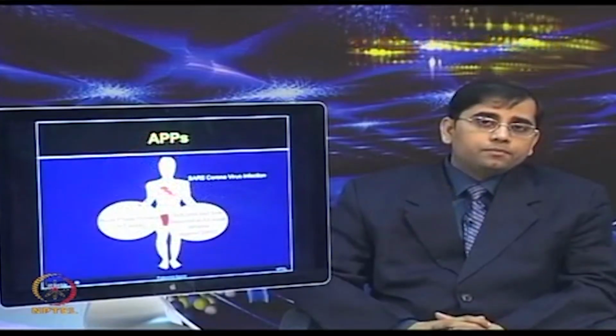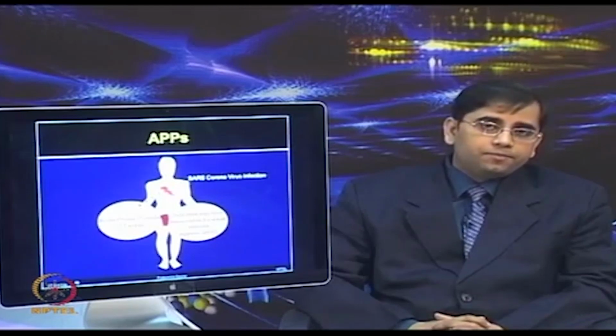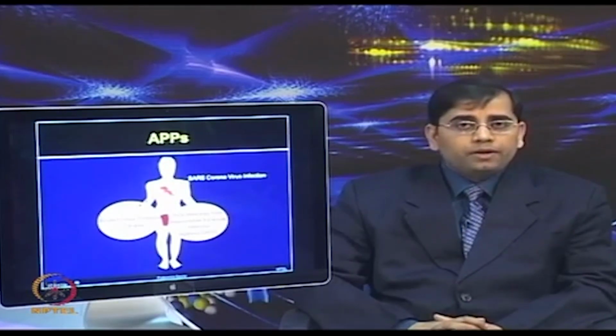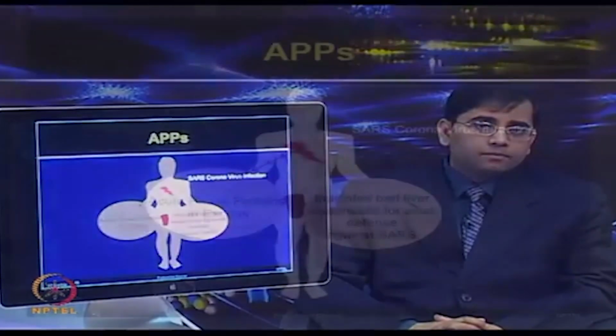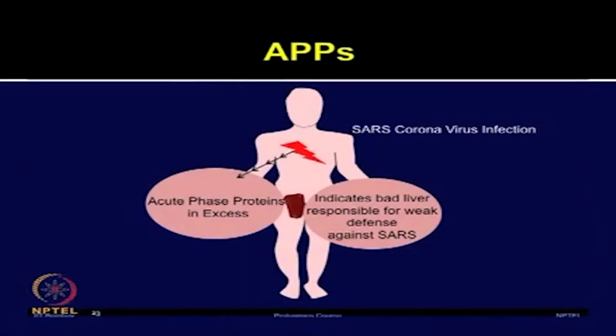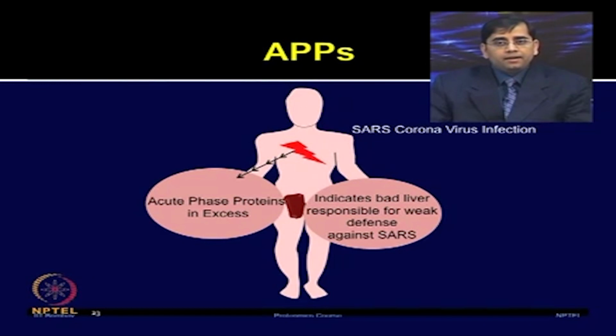They also found that several acute phase proteins, or APPs, were differentially expressed. The active innate immune responses and oxidation associated injuries may play a major role in SARS pathogenesis. The acute phase proteins found in the SARS patients suggested that the health status of the liver in these patients may affect their defense against the SARS virus infection.